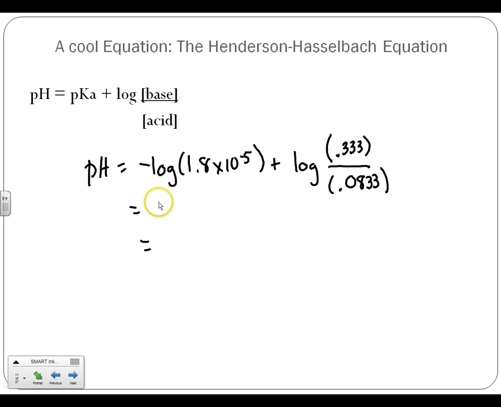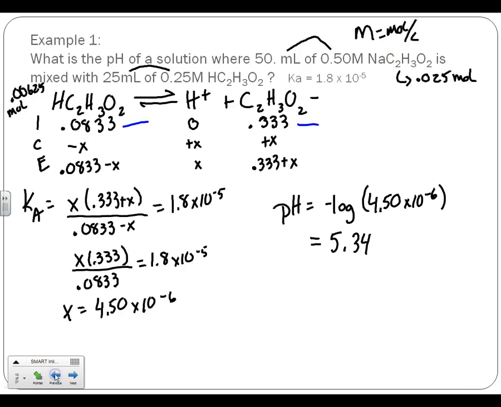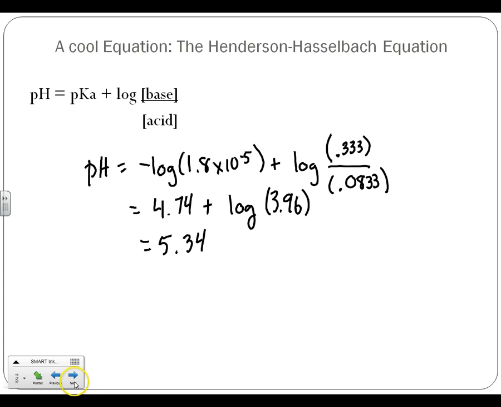The negative log of 1.8 times 10 to the negative 5th is 4.74, plus the log of 3.96, which gives me a grand total pH of 5.34. And wow, that's the same answer as I got before. Isn't that cool? Love the Henderson-Hasselbalch. It works only for buffers, so you have to recognize that you've got the acid and conjugate base thing going on.